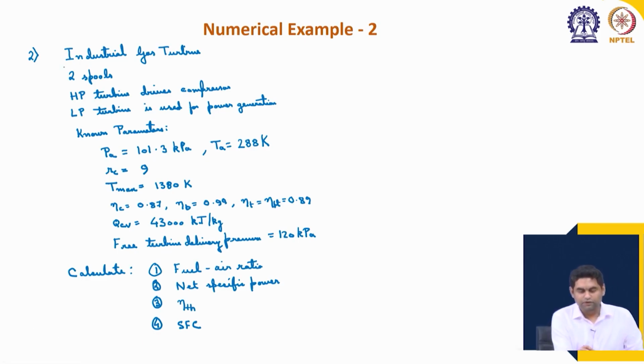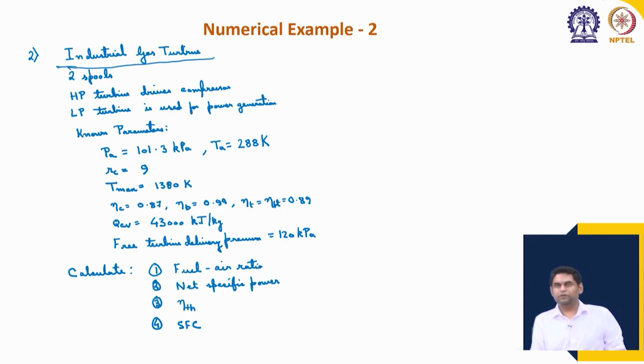Okay. So, we have an industrial gas turbine which has two spools. What does two spools mean? It means that there are two shafts, and the turbines. So, two spools with two turbines. Each shaft has one turbine and they are rotating separately.